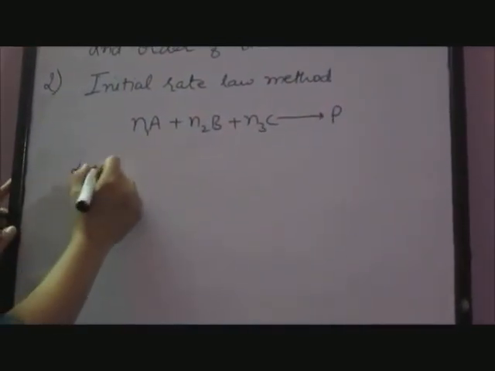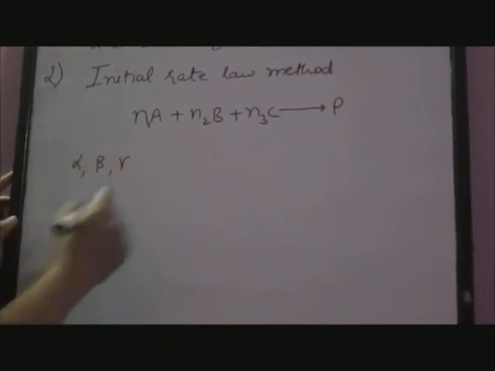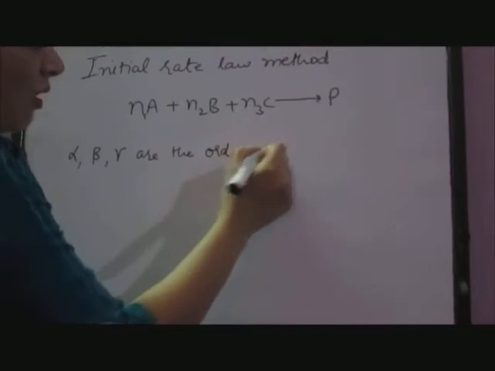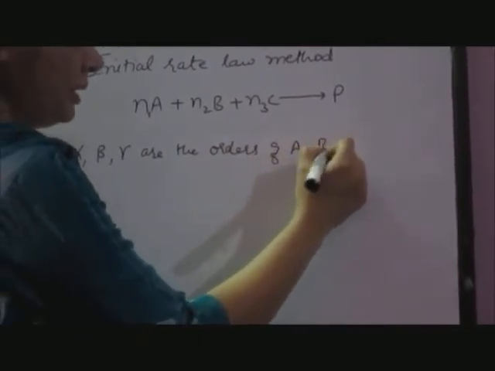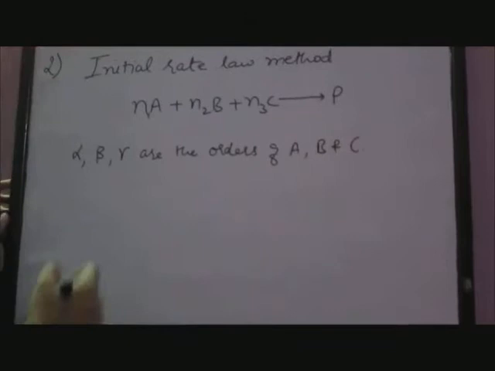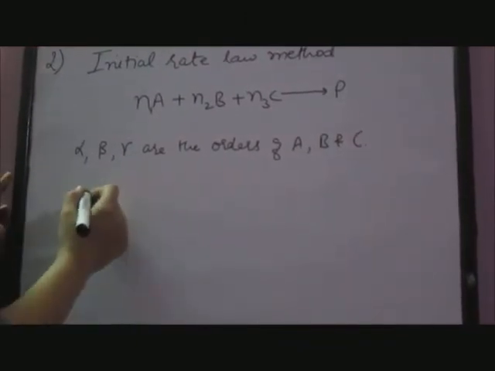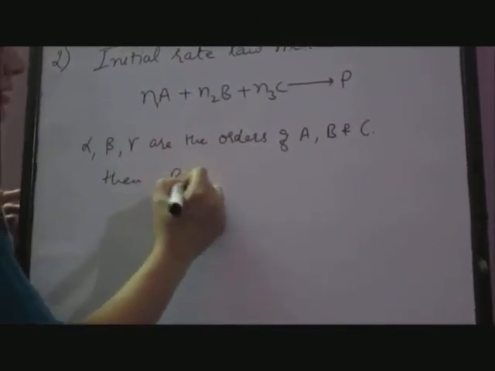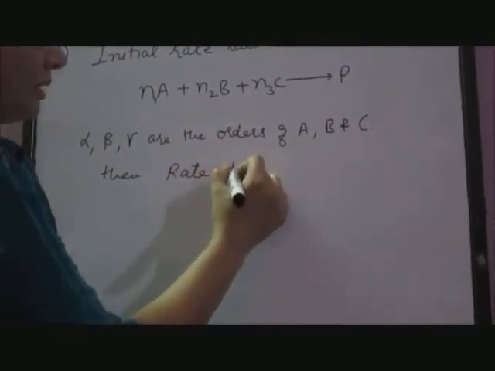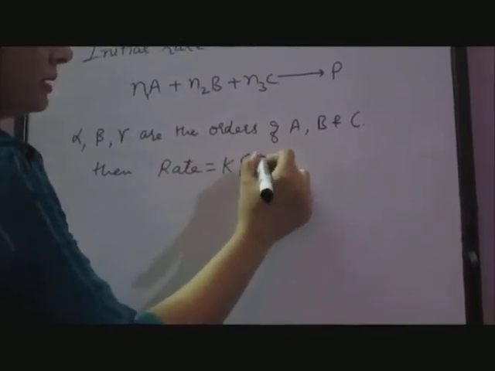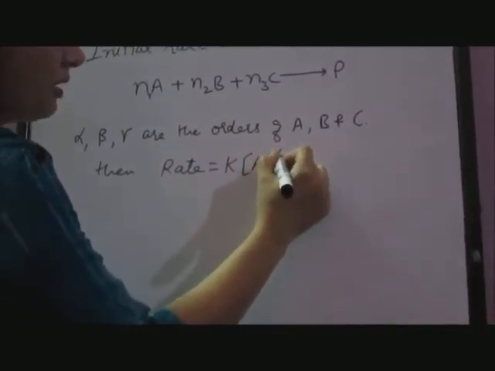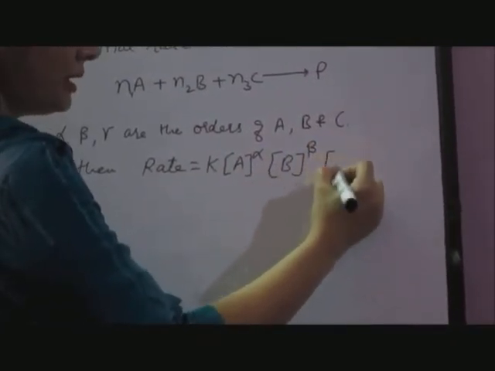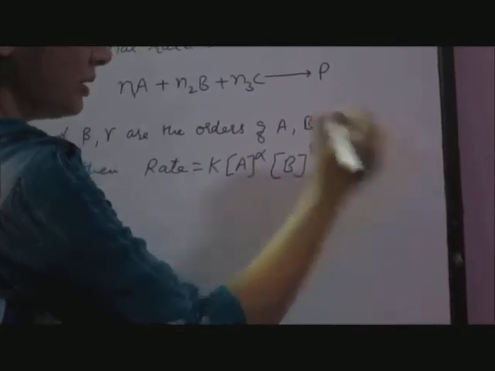If alpha, beta, gamma are the orders of A, B and C, then rate is equal to K into concentration A raised to power alpha, concentration B raised to power beta and concentration C raised to power gamma.